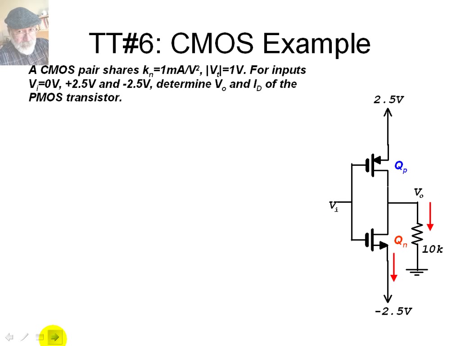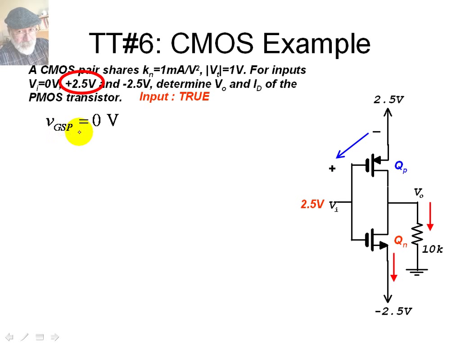Now, let's answer that when we enter a true and later a false and see what is the output. We enter a true, plus 2.5 volts up here. Let's analyze the circuit. The voltage at the top, this one, will be 2.5 minus 2.5 is 0 volts. That's right.